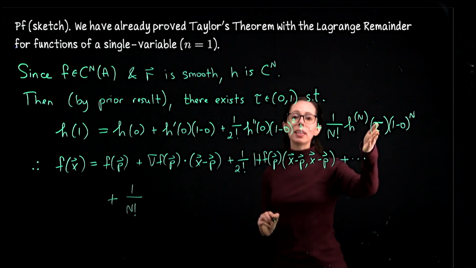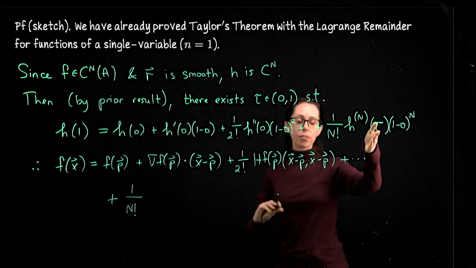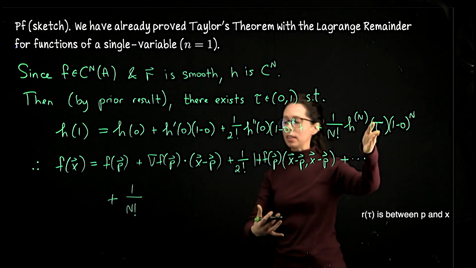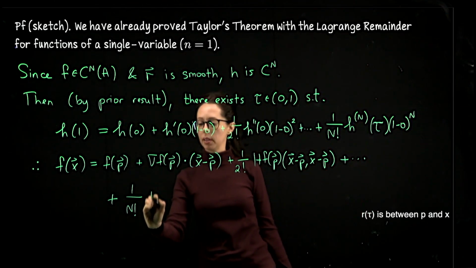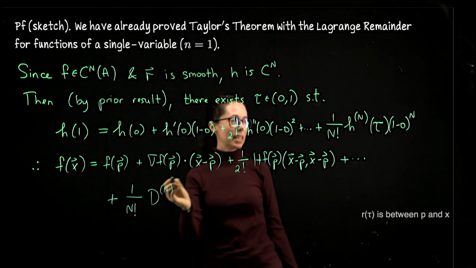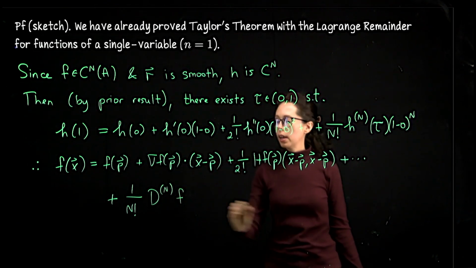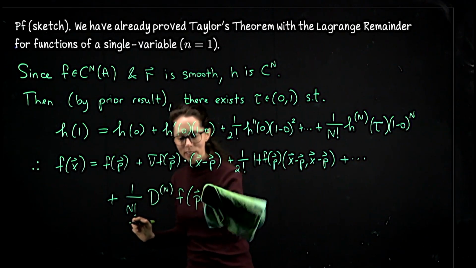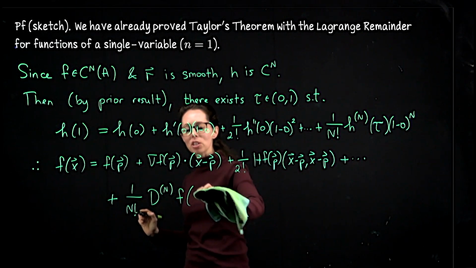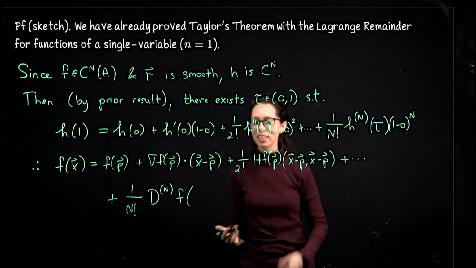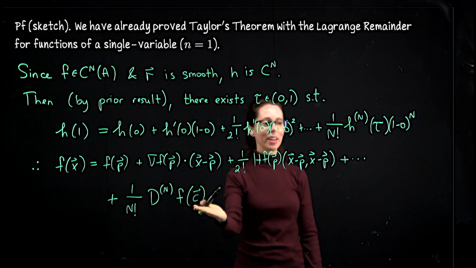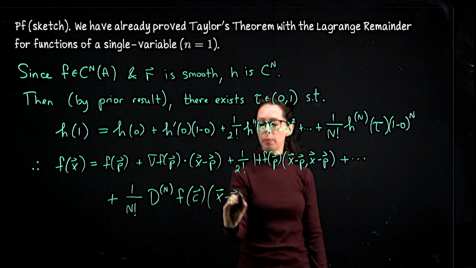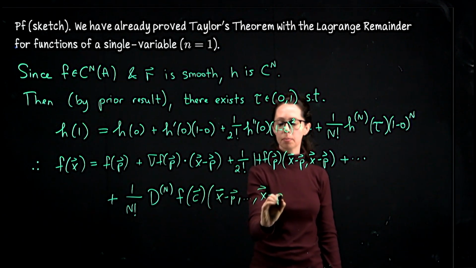Tau is a value between 0 and 1. So we would plug that first into R, and it would take us to a point between 0 and 1, and that's what we will now declare as C. So this is going to be d^N, the Nth order derivative of f at, sorry, no, exactly, at C. Again, with Lagrange's form, it looks so much like the Taylor polynomial that it fits in nicely, but it also means that there's a little risk of not writing it correctly, acting on x minus p paired up with itself capital N times.